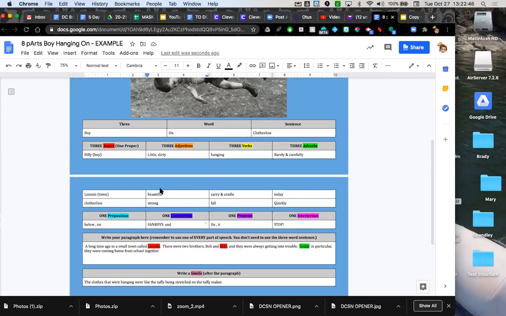I said a long time ago in a small town called Loomis, and Loomis was one of my nouns. And see how nouns is highlighted red? So down here, I highlighted Loomis in red because I want to easily be able to see where my nouns are. There were 2 brothers, Bob and Billy. Billy was one of my nouns too. So that's why I highlighted Billy in red.